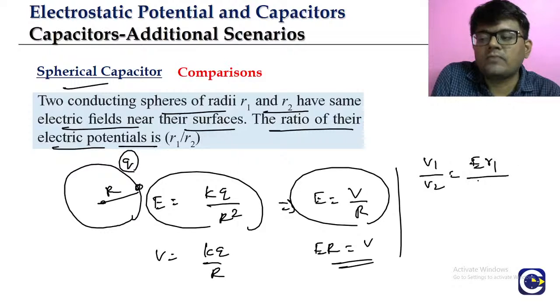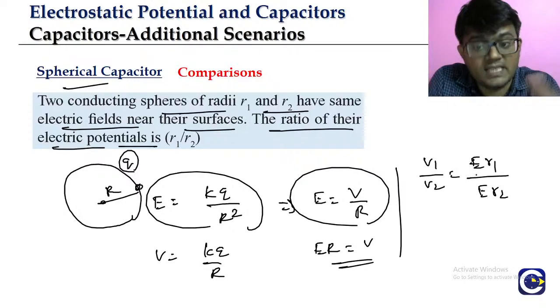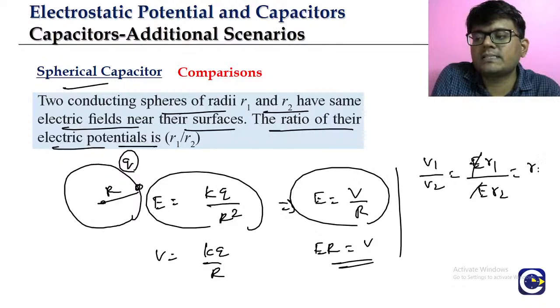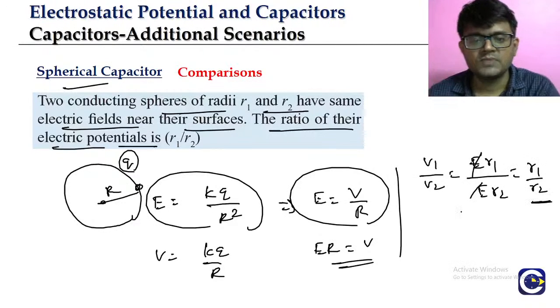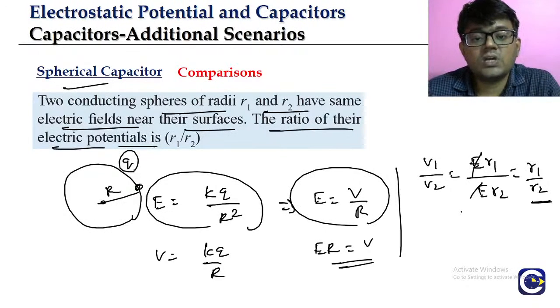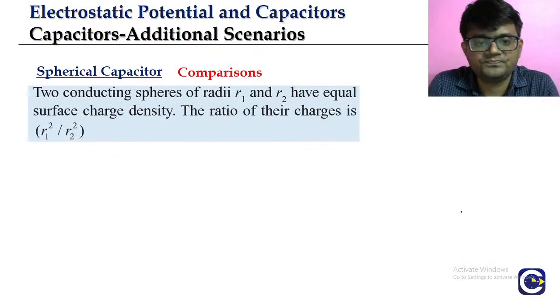E into r1. v2 will be what? E into r2. Because the electric field is same in both the cases. In these two cases the electric field is same, right? So this E will cancel. What is it? r1 by r2. If the electric fields are same near the surfaces, what will the ratio of the electric potentials be? It will be r1 by r2. So for these kinds of questions, there will be a lot of scope.